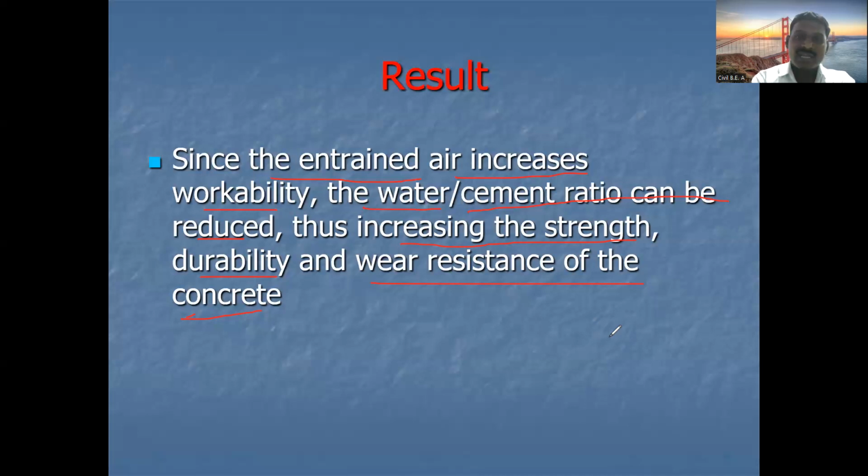We can also reduce the water cement ratio and increase the workability. So the main properties of concrete are workability, water cement ratio, strength, and durability. All are maintained properly if we add the air entraining agent into the concrete.